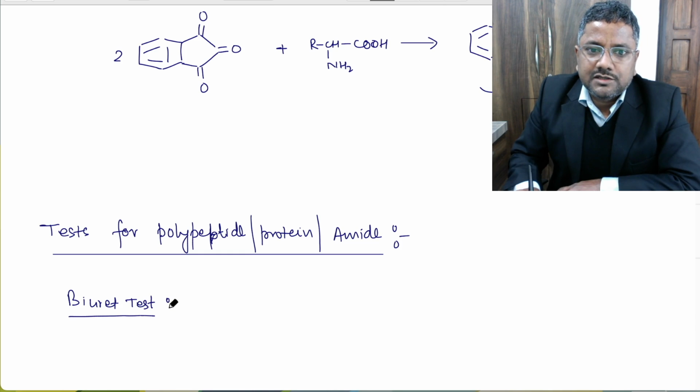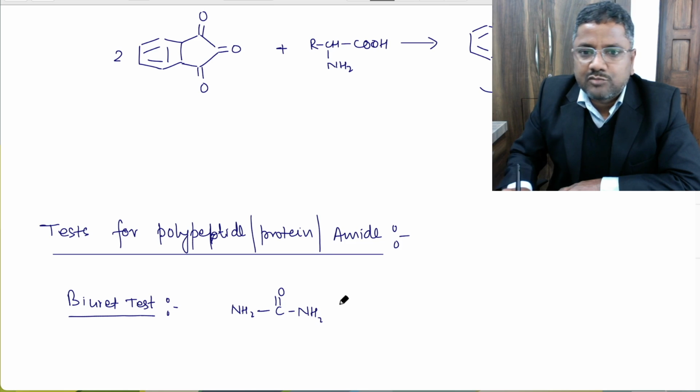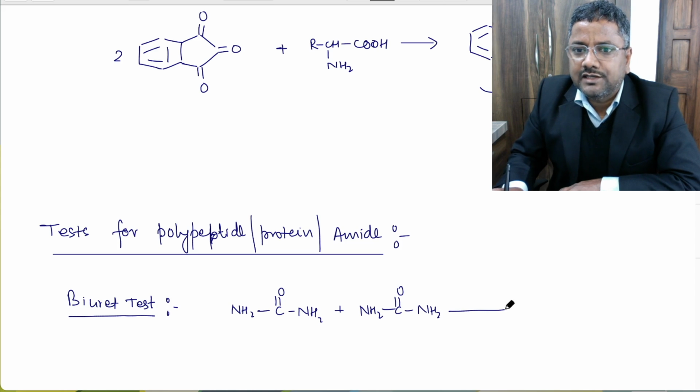See this NH2, urea also gives this test. NH2CONH2 plus NH2CONH2, 2 moles of this. When urea is heated, we will get a compound NH2CONHCONH2.